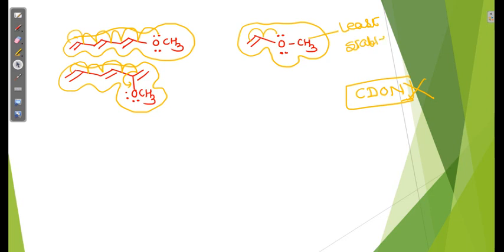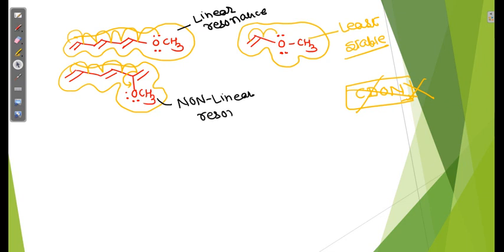Look, we should not use CD-on here. Among these two, the chain is the same. But dear student, I can say that this is a linear resonance and this is a non-linear resonance. Always, if resonance is in one plane, it can be very effective.